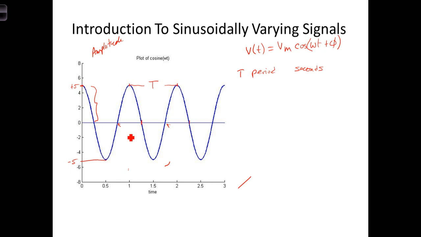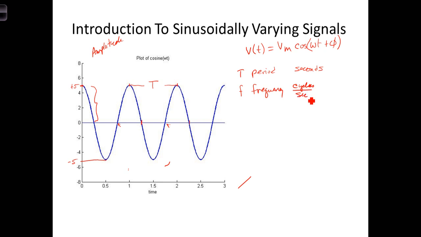Now, if instead of talking in terms of time, we talk about how rapidly this signal is changing, we refer to its frequency, and we use the letter lowercase f for frequency. It has the units of cycles per second.